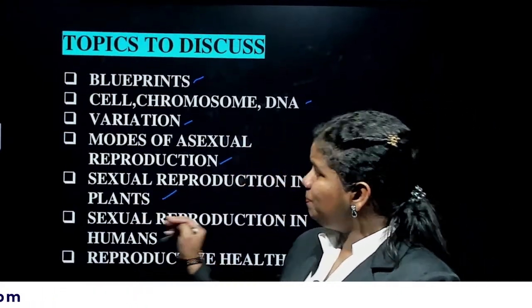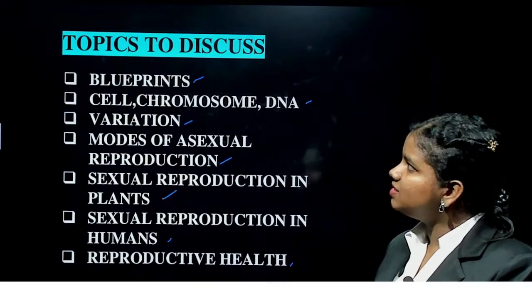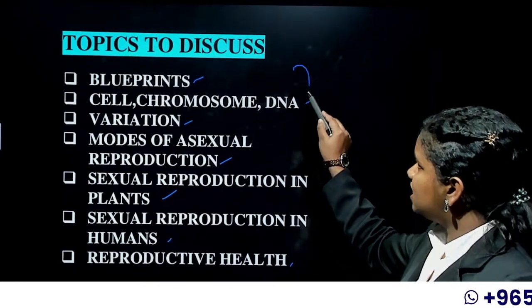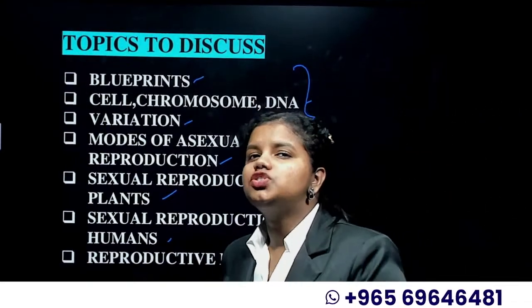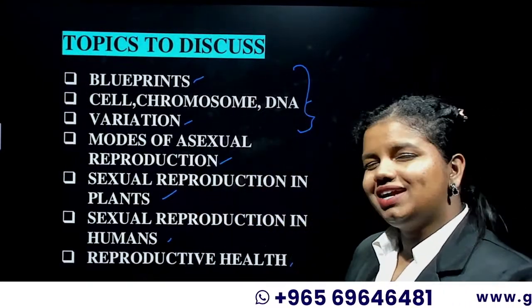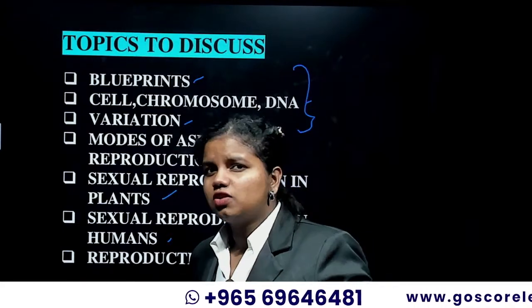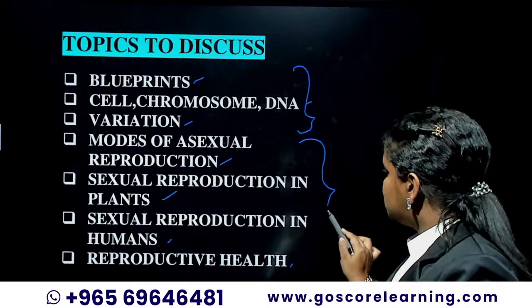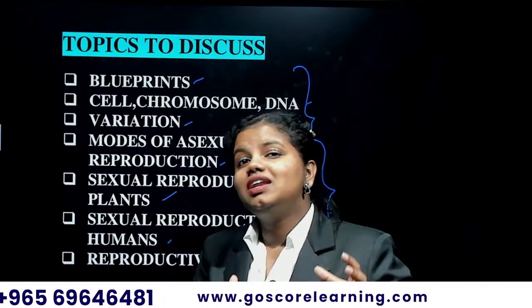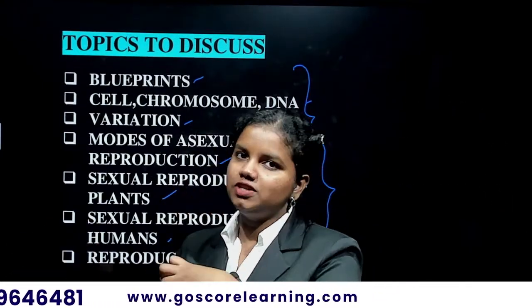So if you simply look into the content, you can understand that there is basically this classification. Blueprint, cell, variation, it's all an intro into the chapter where you will get an idea regarding what DNA, chromosome, all those things are. And then you have asexual and sexual reproduction, which is the major content of the chapter.